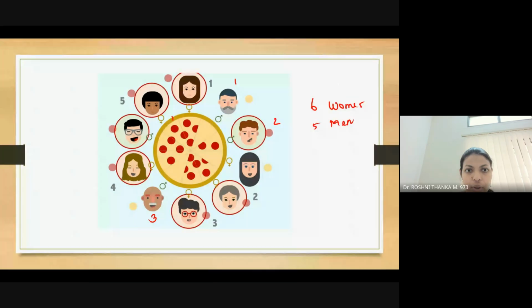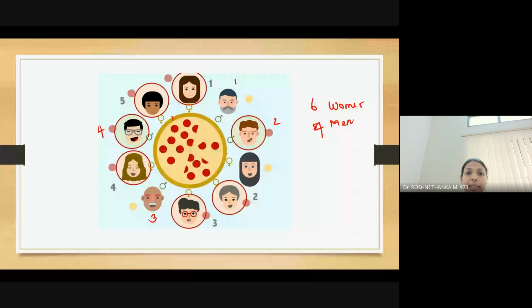So 4 men are there and the remaining all are women. This is my complete sample space: 10 people, 6 women and 4 men.